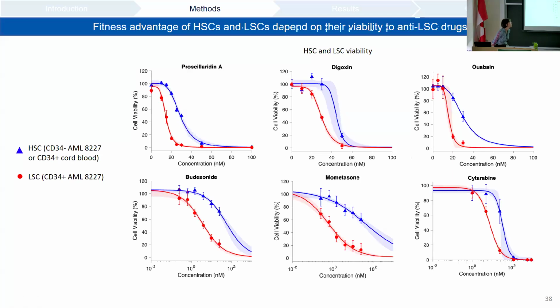So they're pretty comparable when there's no drug. Yeah, they're all at 100%. But you assume that the LSC have a 25% advantage over the HSC. They're normalized by a control.